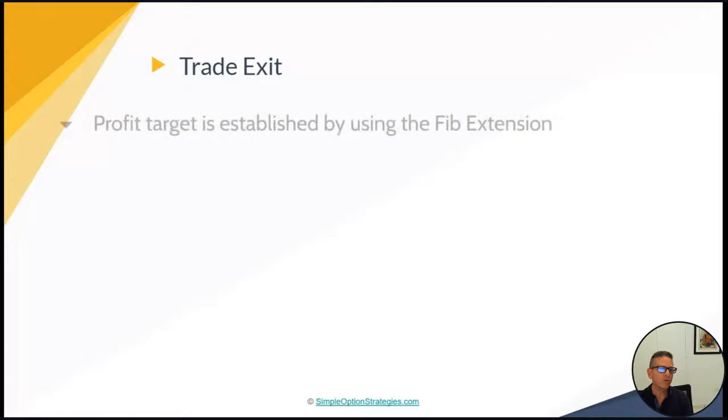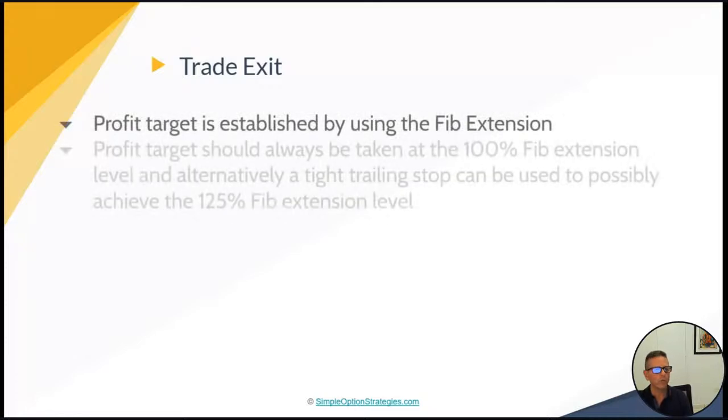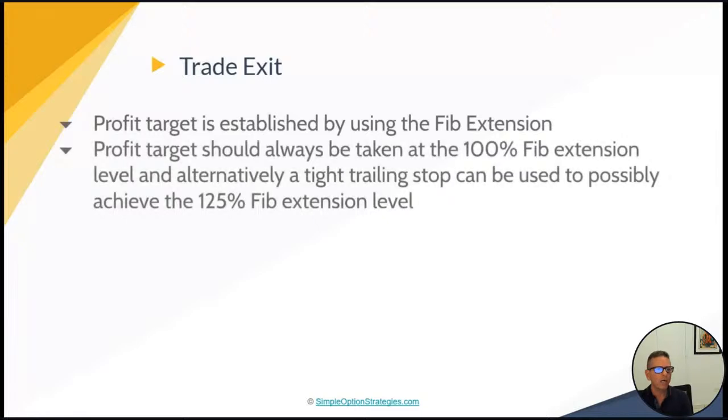All right. So trade exit: the profit target is established by using the fib extension, and we're going to talk about the extension. It should always be taken at the 100% fib extension level, and once you take some profit, if you're using multiple contracts, you can put in a trailing stop and see if it's going to go up to the 125 level.